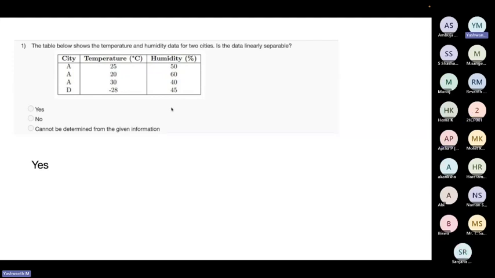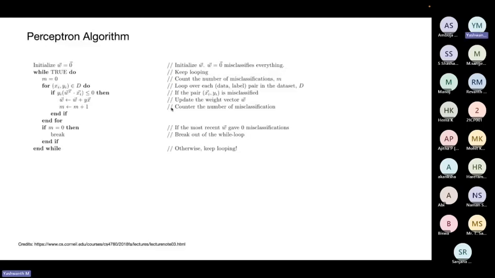To the right of the line, you have all city A's. To the left, you have city D. So that's why this data is linearly separable. Linearly separable means you draw a straight line where you can separate the labels. That's it. Okay, so what is a perceptron algorithm?